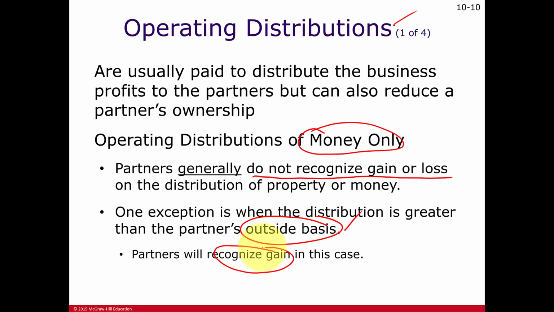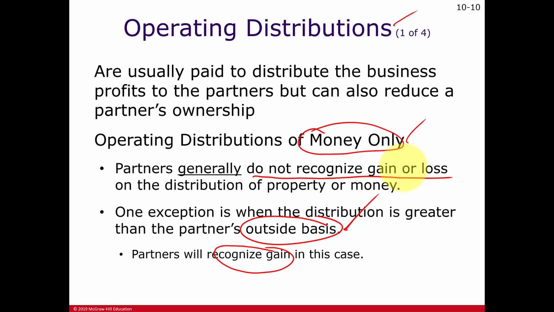There should be no loss on an operating distribution to a partner. The partner is still continuing to be a partner. But once the money received by the partner, I guess by year end, for the year is bigger than the partner's basis in that partnership interest, any excess is taxable as a capital gain. And what you're doing is reducing the partner's basis down to zero.